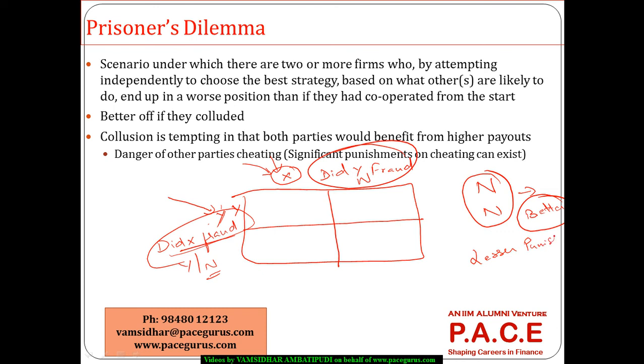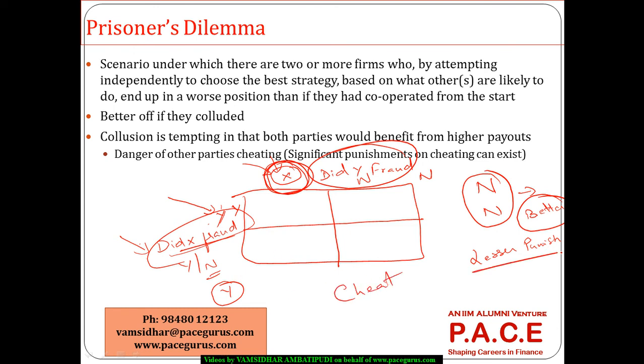But say both initially agree that they will say no, but when the question is asked to Y, did X fraud, this guy says yes, whereas the other sticks to his no. There is a good chance that X will get a very high punishment and Y will be completely off punishment.